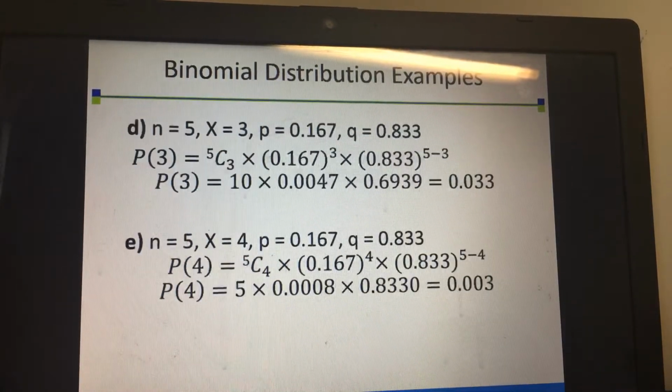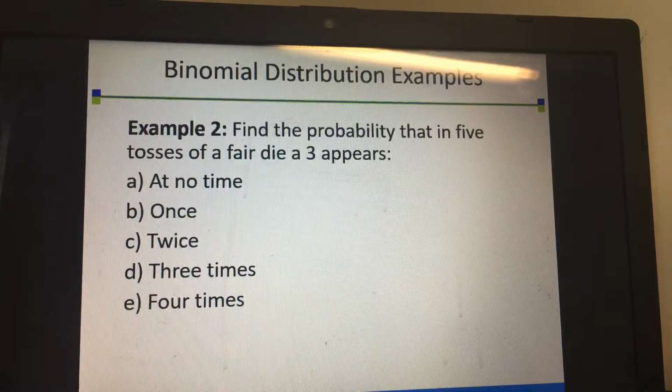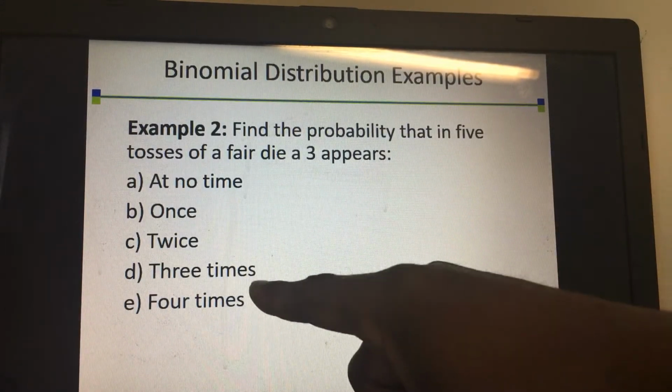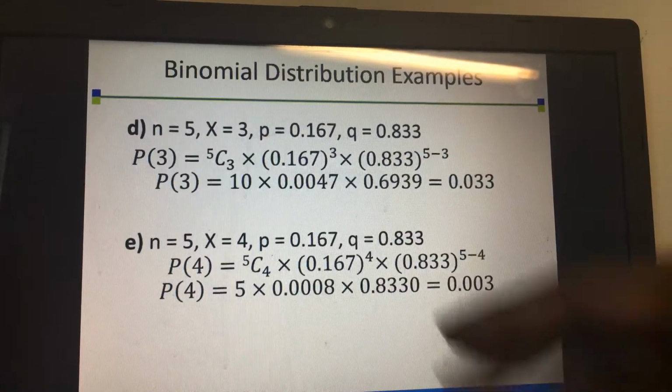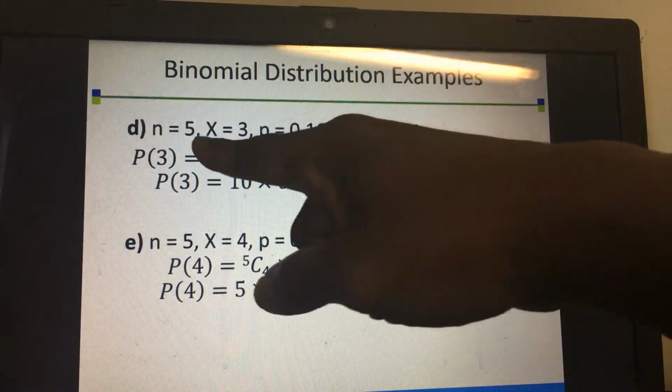Same process, the only thing that changes is the x. So when it says 3 times, if 3 appears 3 times, that means our x is 3. We plug it in right here, x is 3. Every other thing stays the same.